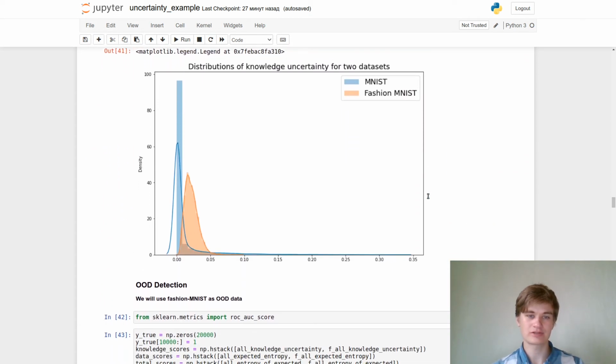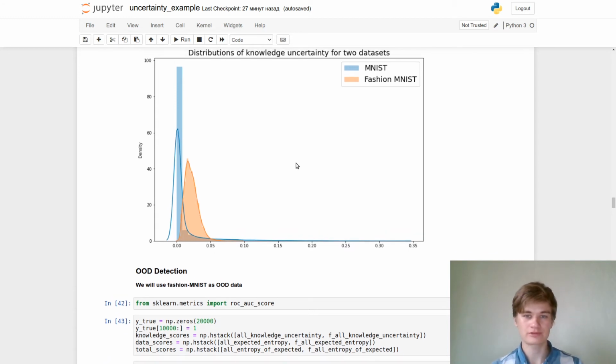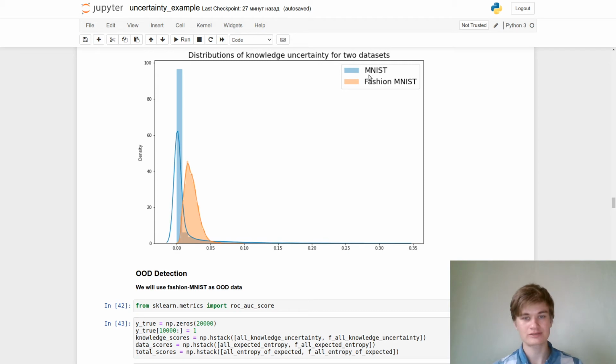Let's look at this figure with two distributions of knowledge uncertainty for two datasets, our in-domain dataset and our out-of-domain dataset.